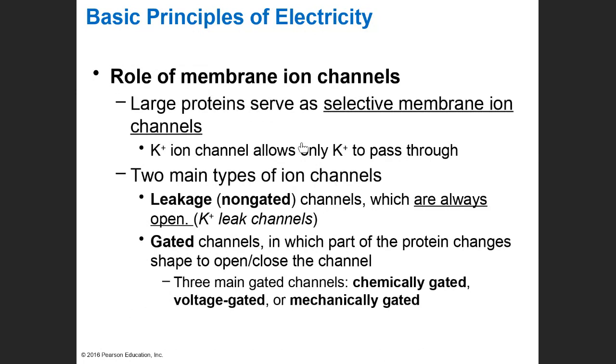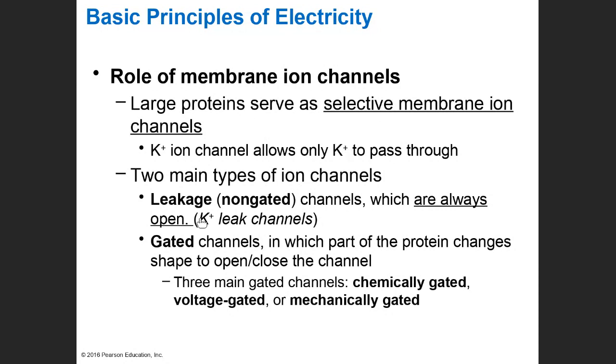All right, so a little more here about ion channels. And I think you already know this stuff. This is really review. Ion channels existing in the membrane are proteins, of course, and they're very selective for what they transport. A potassium ion channel is only going to transport potassium, for example.